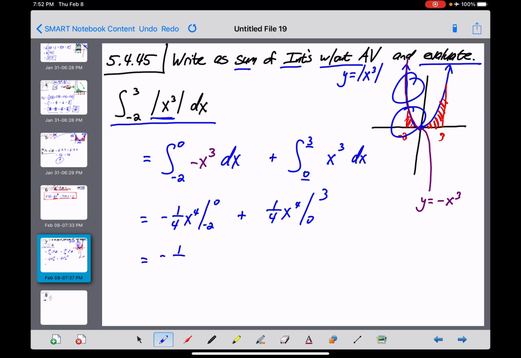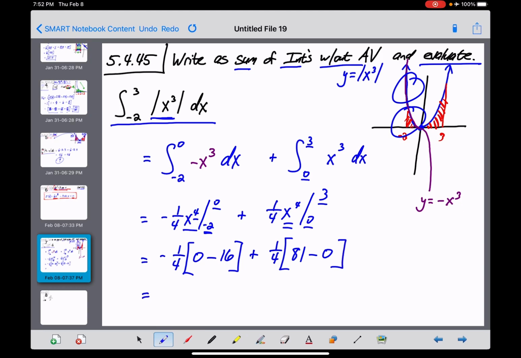I'd pull the -1/4 out in front, and then in brackets, put the 0 in here to get 0, minus, and now the -2 to the 4th, which is going to be positive 16. So -1/4 times (0 minus 16). Plus, I'll do 1/4 here, start brackets. 3 to the 4th, I believe, is going to be 81, minus 0 to the 4th, which should be 0.